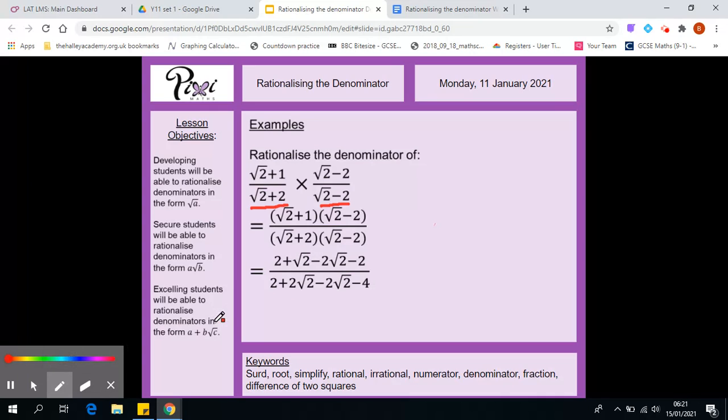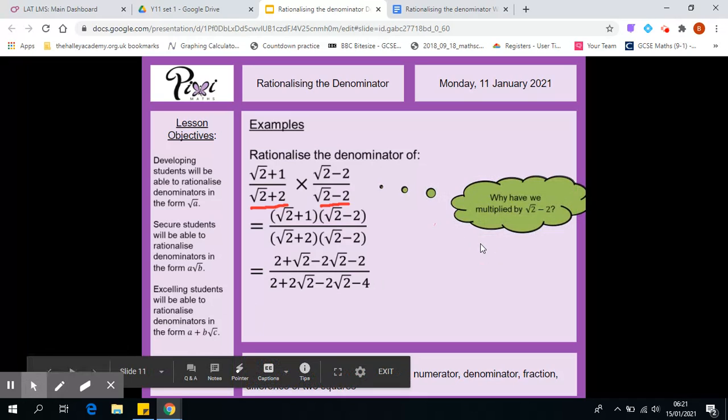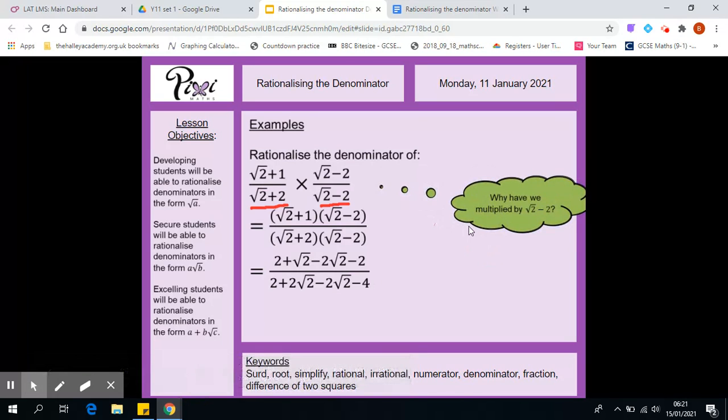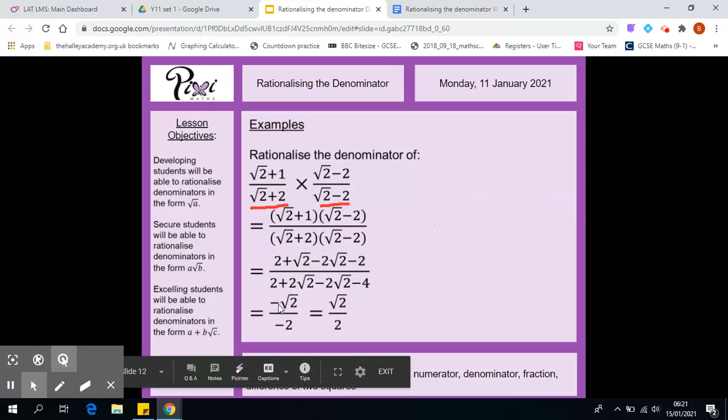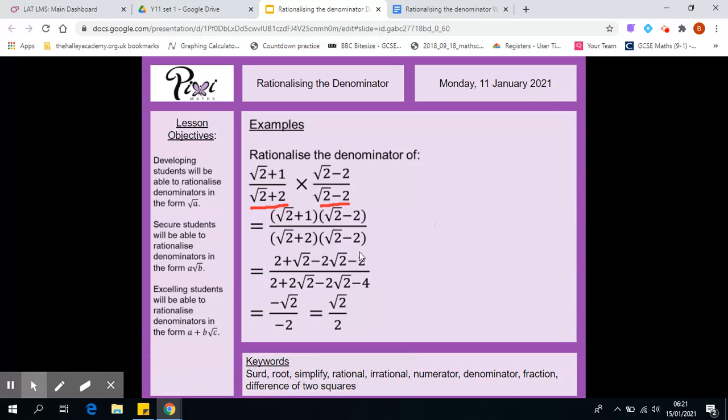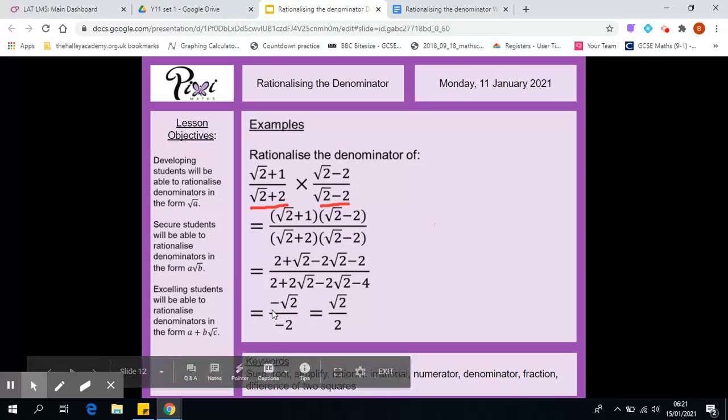Now, this could be further simplified. 2 take away 2 would give us 0. 1 lot of square root 2 take away 2 lots of square root 2 gives us minus square root 2.